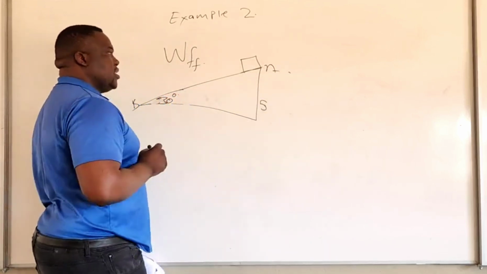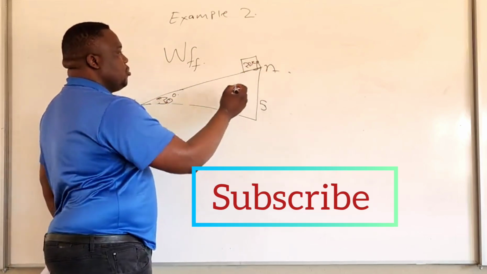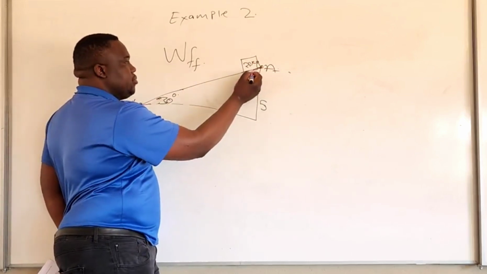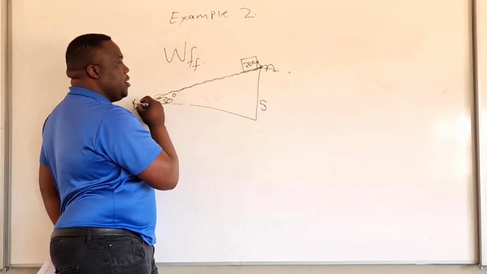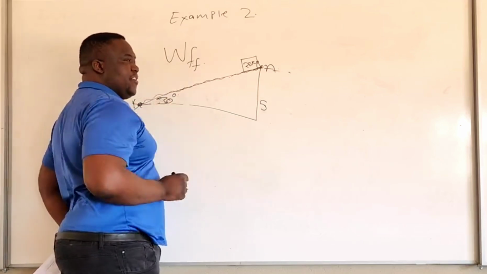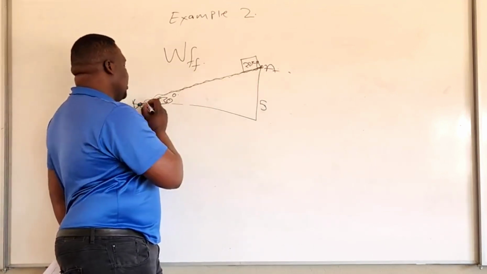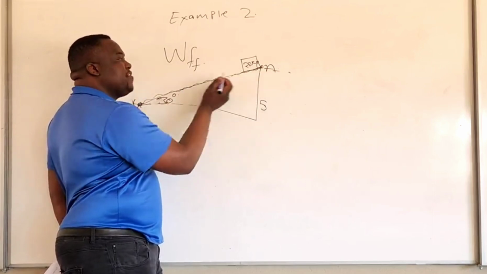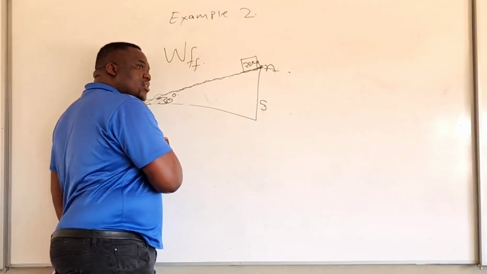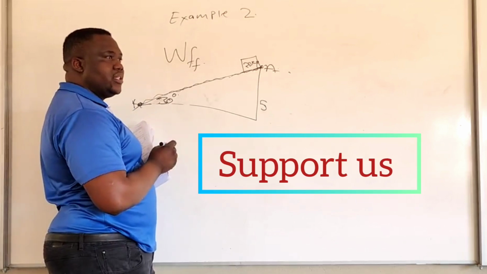You can see that the object, which is 20 kg, is moving from point A to point B, meaning that it is being displaced from point A to point B. In order for us to calculate the work done by frictional force, we need to calculate the distance the object moved while the frictional force was acting on it.